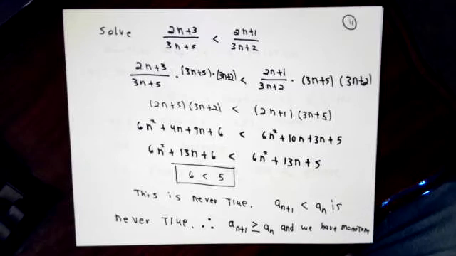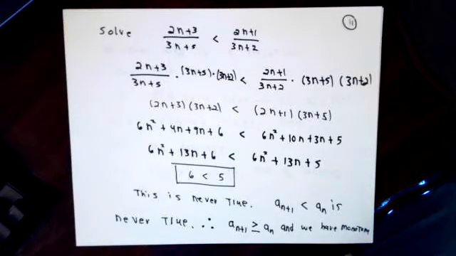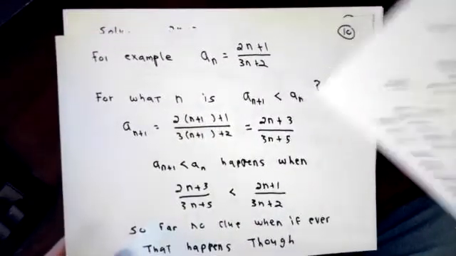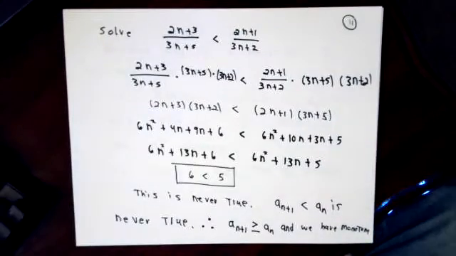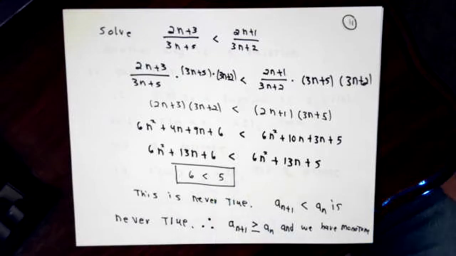Also, subtract 13n from both sides, and when everything is finally simplified, the original statement that a number n plus 1 is less than a number n turns out to be equivalent to 6 is less than 5.